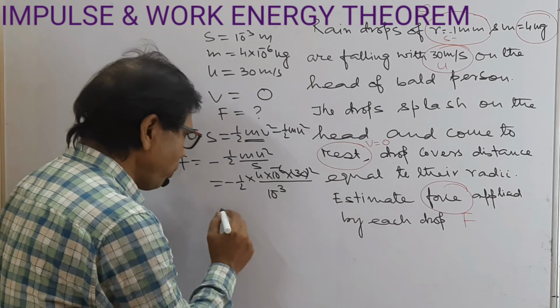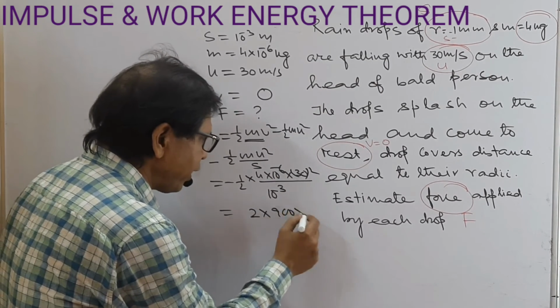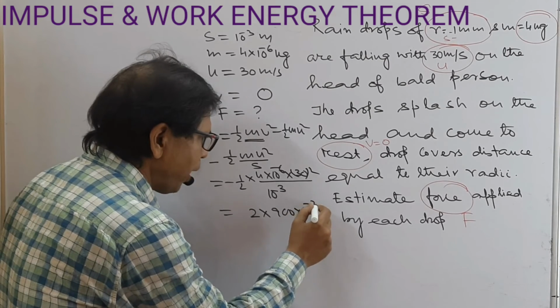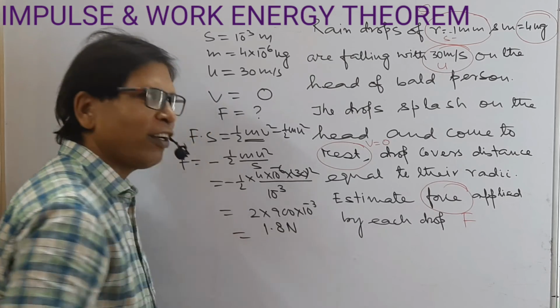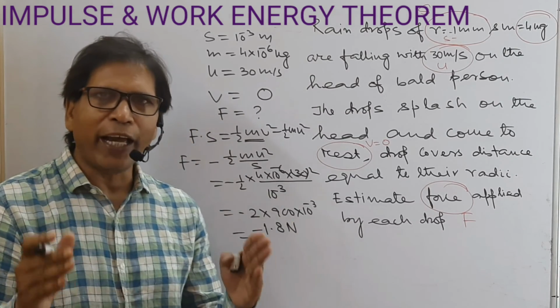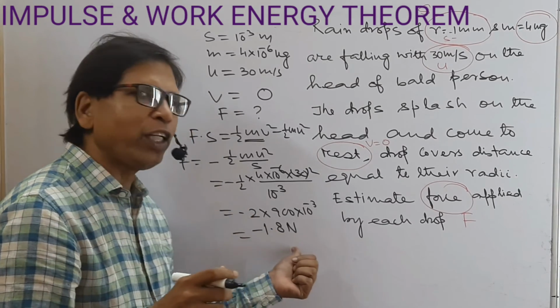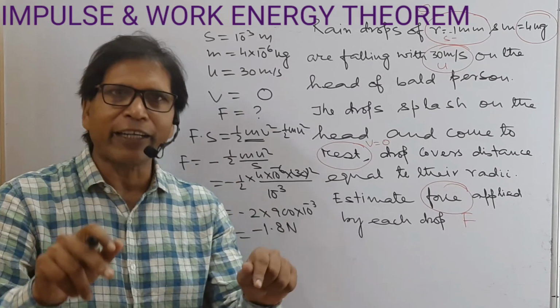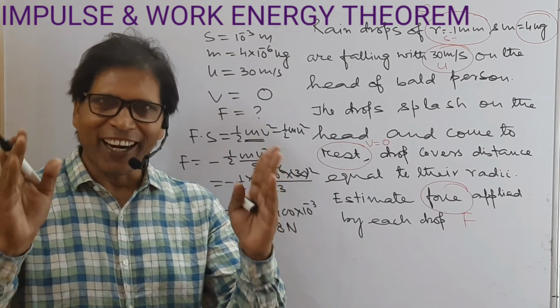From this data, this is 2 and this is 900 into 10 to the power minus 3, so it is 1.8 Newton, and this is on the negative side. So the resistive force applied by the head is 1.8 Newton. So the force exerted by the raindrop is 1.8 Newton. Okay, understood?